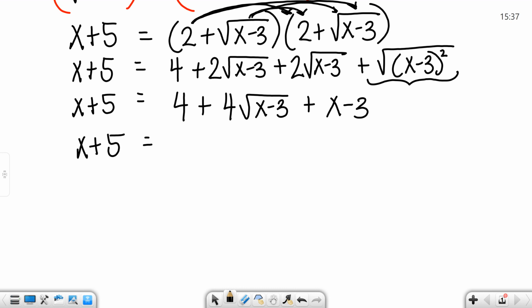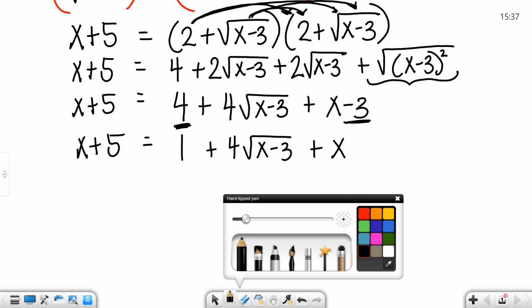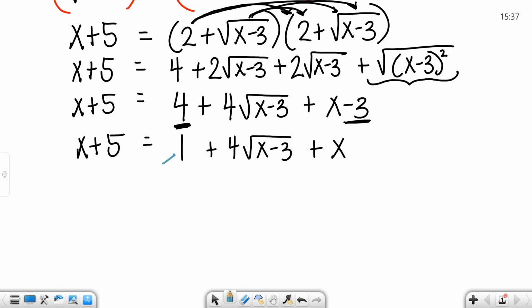I can combine this 4 and minus 3 to give me 1. All right. So this problem, I've done all the simplifying I can do, and I still have a radical. So here's what I'm going to do next. I am going to move this 1 and this x to the other side, because now I'm going to isolate that radical.